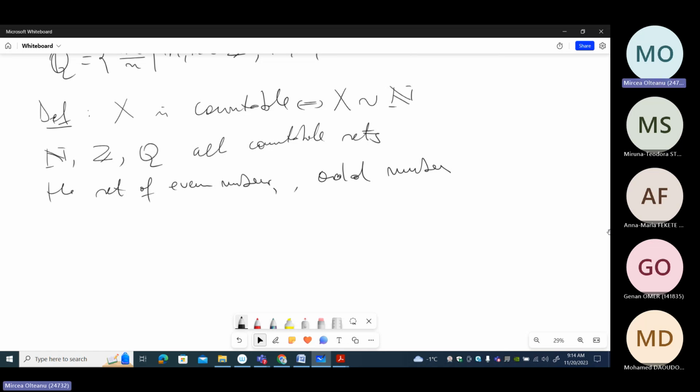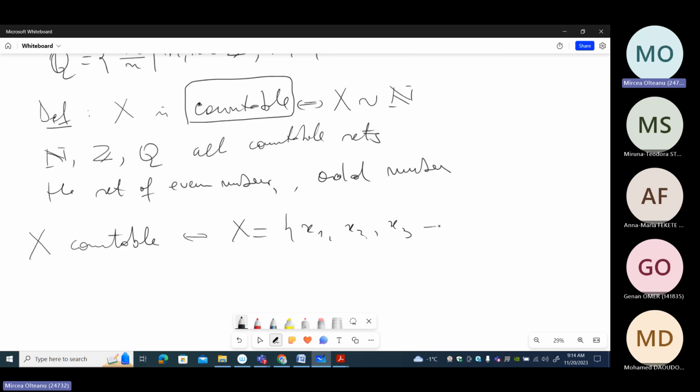Actually, what does a countable set mean at another level? A set is countable if you can write its elements as a sequence. We make this simple but useful observation: X is countable if and only if you can write X as x1, x2, x3, and so on.